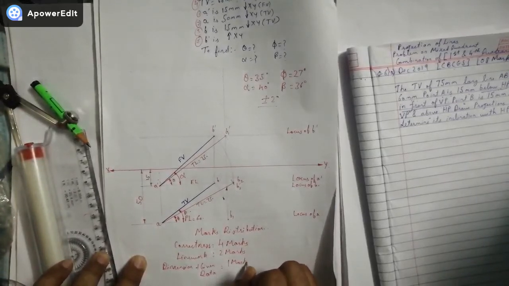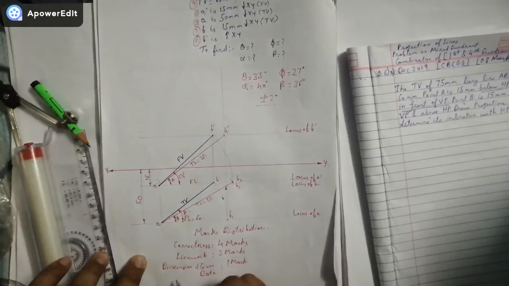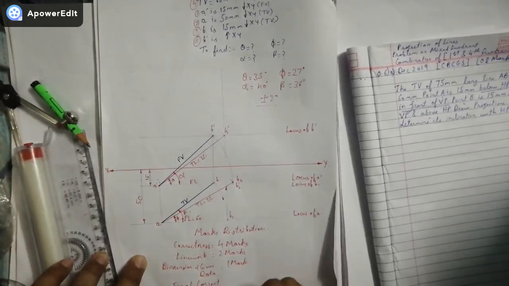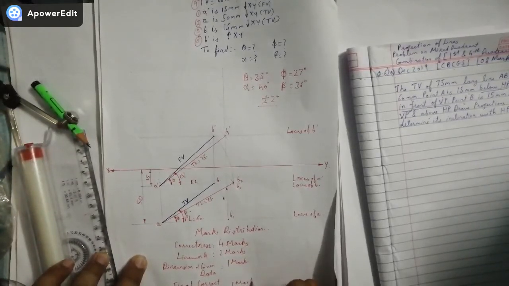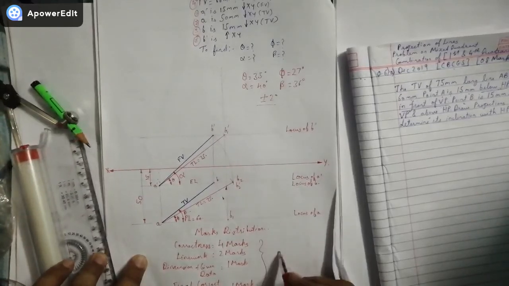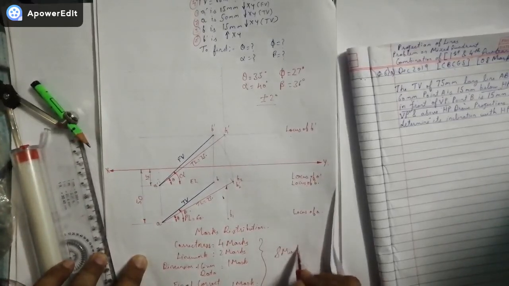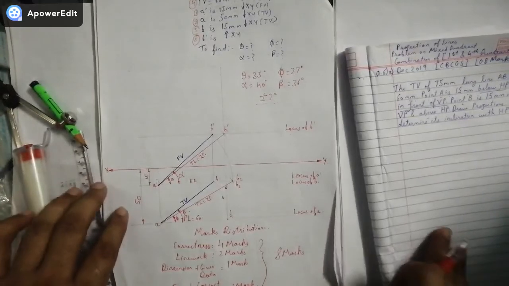So till here counts 7 marks, and last it will be the final correct answer, which will give us 1 entire mark. So this is how the total marks sum up to 8 marks. This is how the problem gets completed.